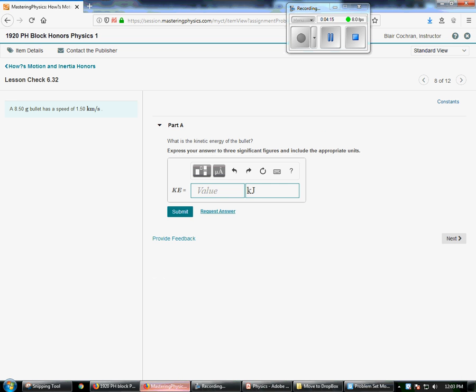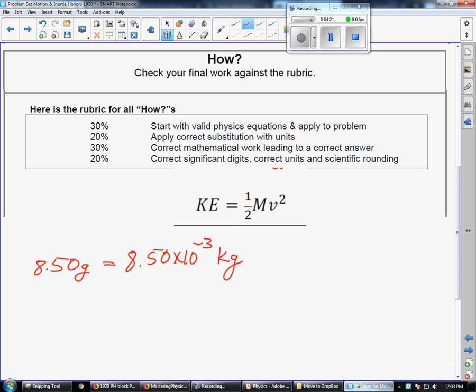And then I look at my speed, and that's in kilometers per second. 1.50 kilometers per second equals 1.50 times 10 to the third meters per second, because I know that there's 1,000 meters in a kilometer.